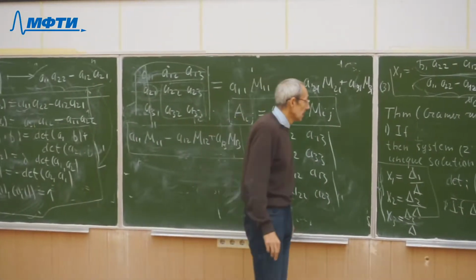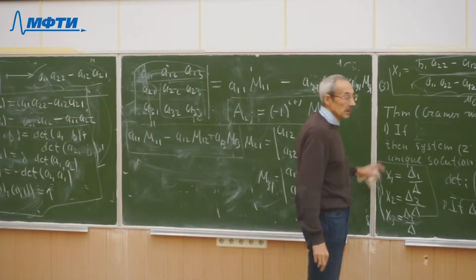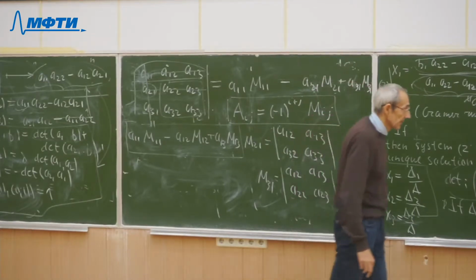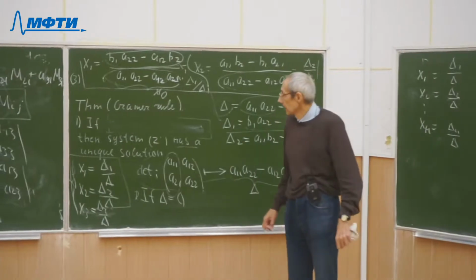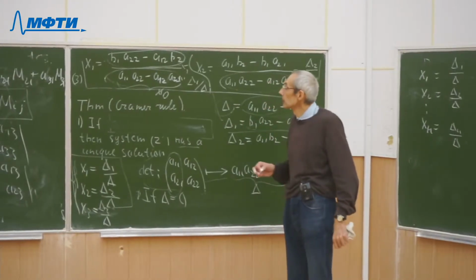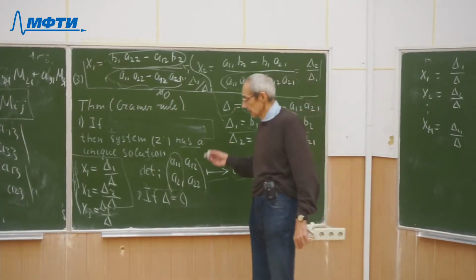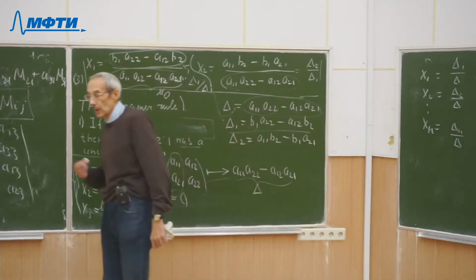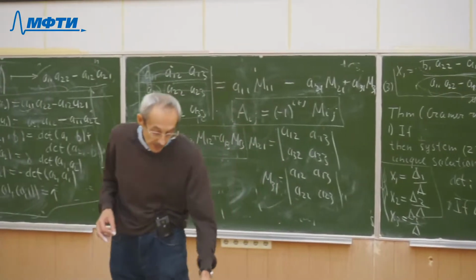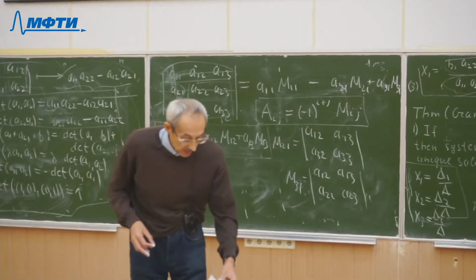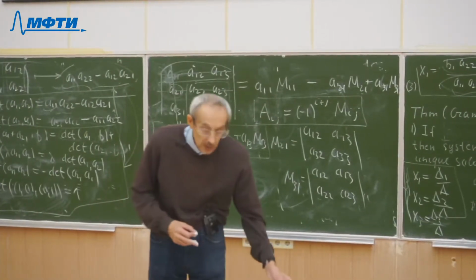I won't discuss items 2 and 3 in this case. We will discuss this general form of the Cramer rule later in detail, but now I haven't time.